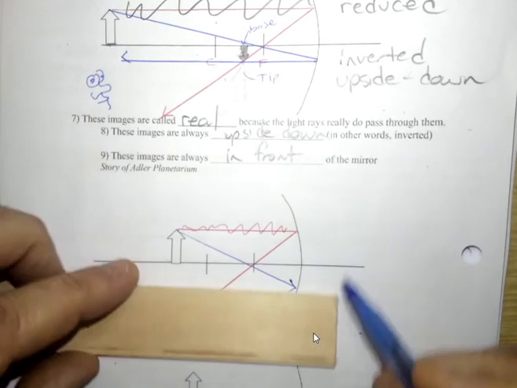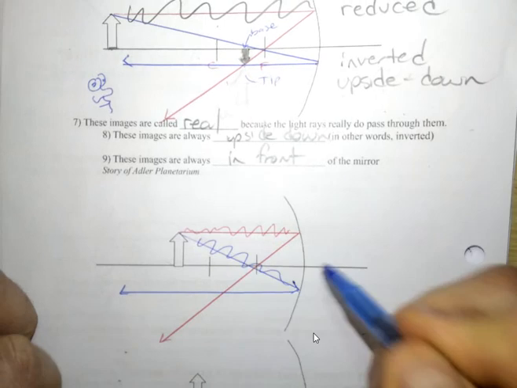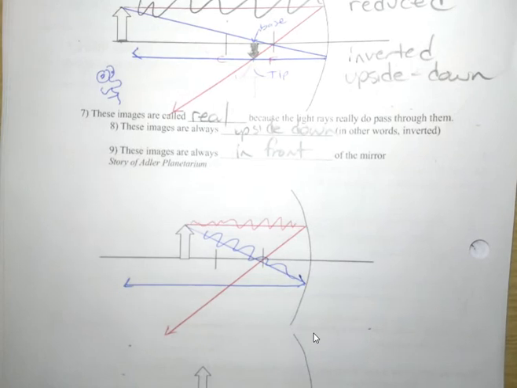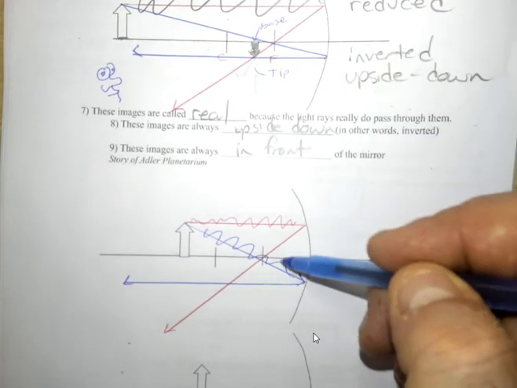Draw the reflected ray. Scribble out the incoming ray. Is that parallel ray any different than before? Yeah, a little bit. This one's a little bit closer to the axis than this one.